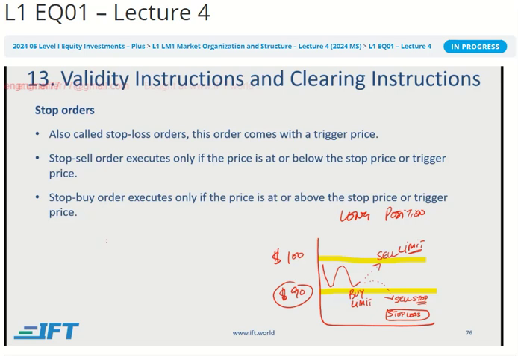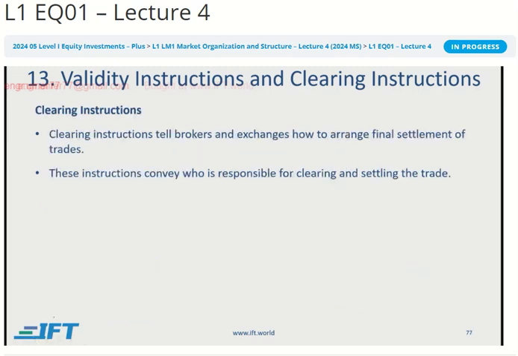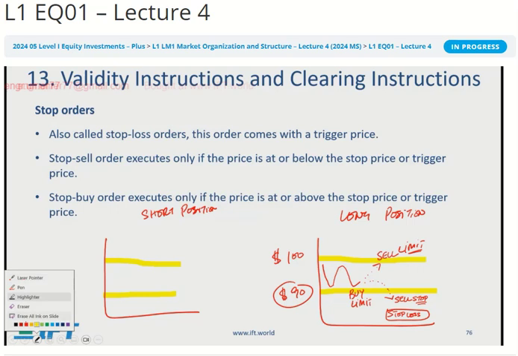Now, coming to a short position, same story. Let's draw our range again. Let's say there is 100 and 90. These guys, their plan is that it's going to go down.